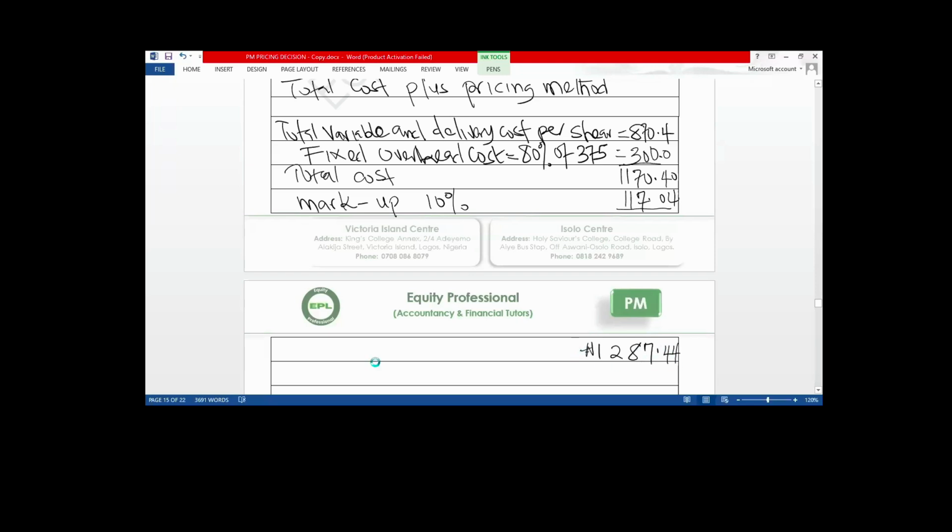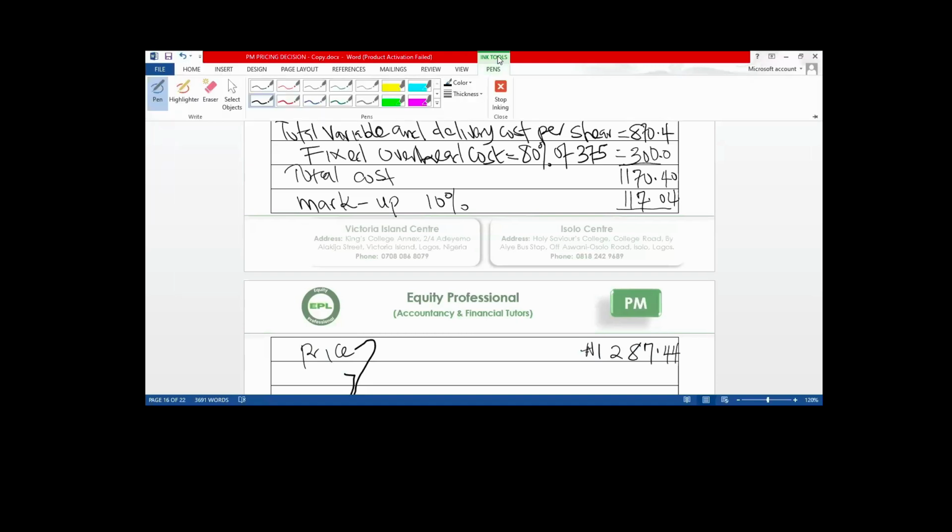This is the price based on total cost plus. But the examiner says, let's go to that question B. He said calculate the increase or decrease in price. Oh, sorry, I have to take this off. Examiner says calculate increase or decrease. That was the question in B.